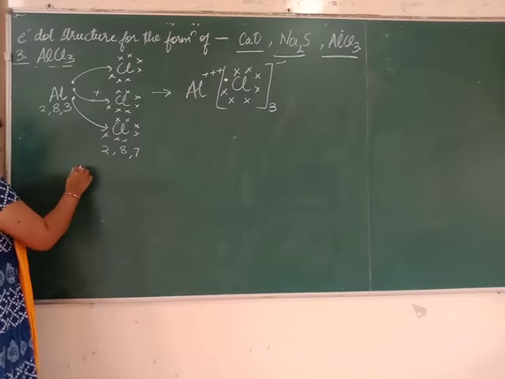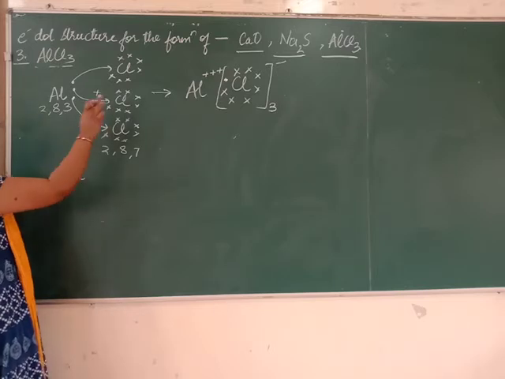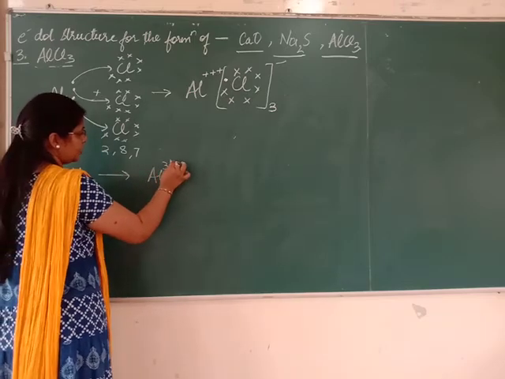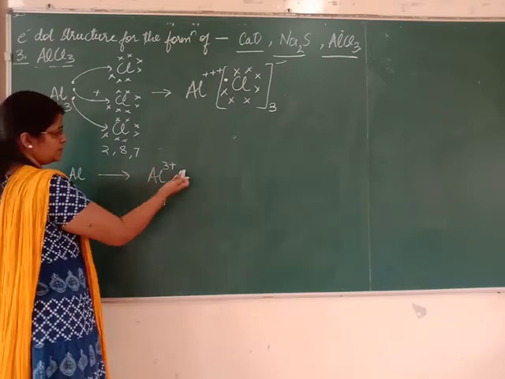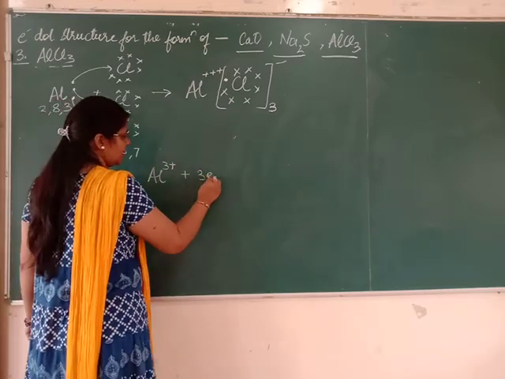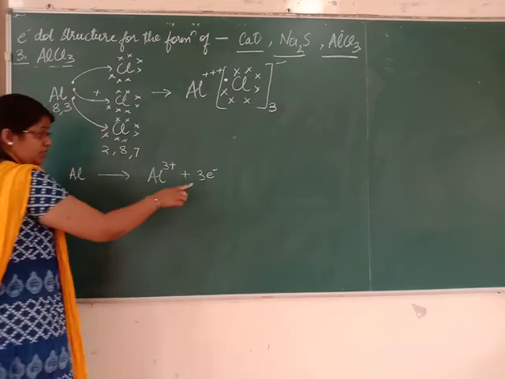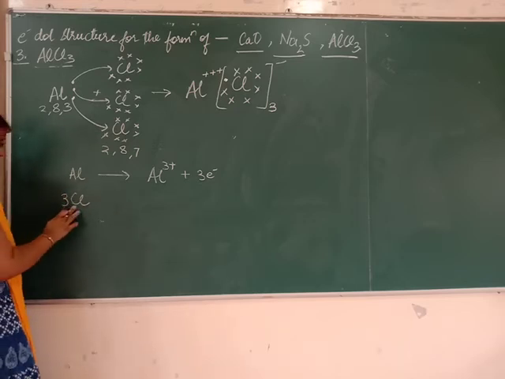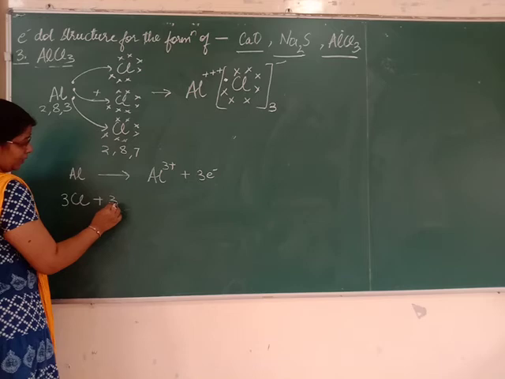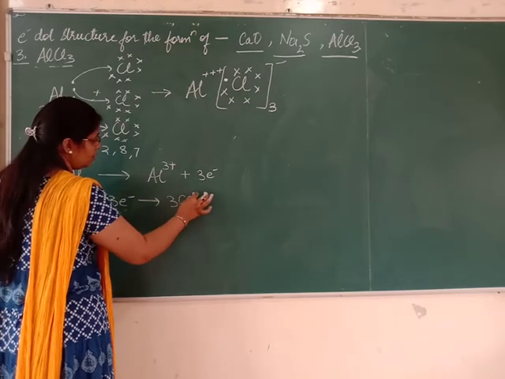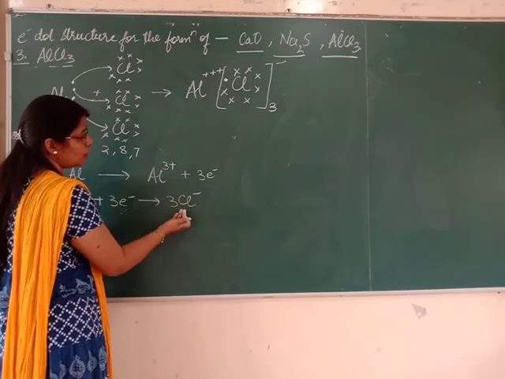Let's talk about electron shifting. Aluminium is turning into aluminium ion. Aluminium ion means 3 positive charge. You can show plus plus plus or 3 plus, it's okay. After losing 3 electrons, these 3 electrons will be accepted by 3Cl, not Cl3, 3Cl like this, and you will get 3Cl with minus 1 charge, or chloride ion.